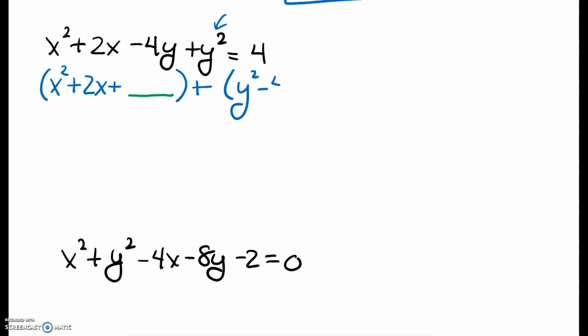I've got a -4y there. I'm going to add some number again, and I'm going to color code the numbers that I add. My constant was already on the other side, so now I have two numbers that I have to add, a green number and a yellow number.